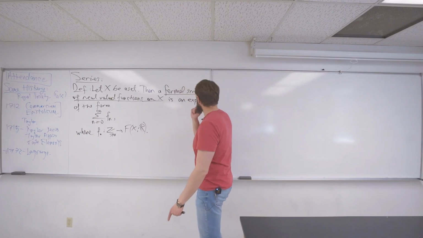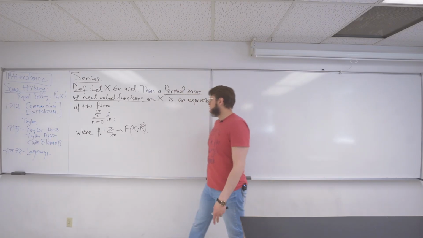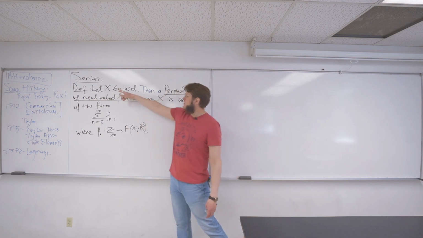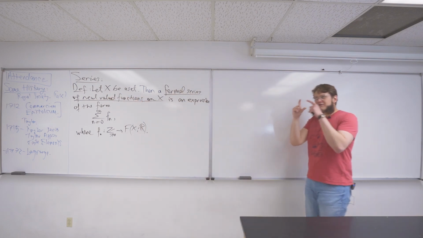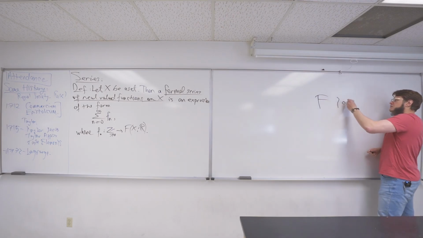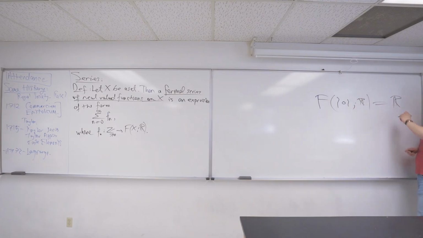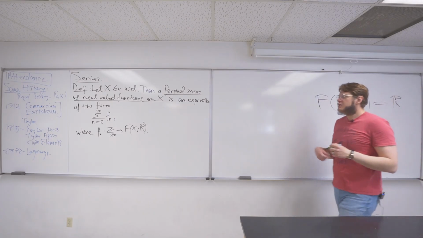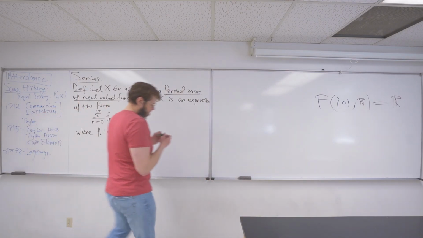Oh, let me say this. Instead of just looking at a sequence of functions like this, think of capital X as a set consisting of one point only. Functions from one point into the reals you can pretty much think of as just reals. So you can think of formal series of real numbers also.